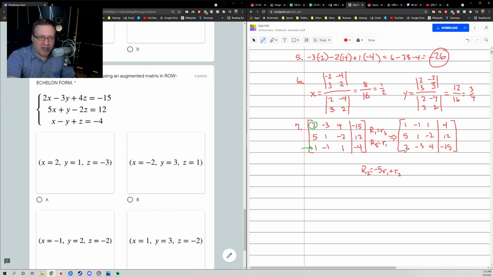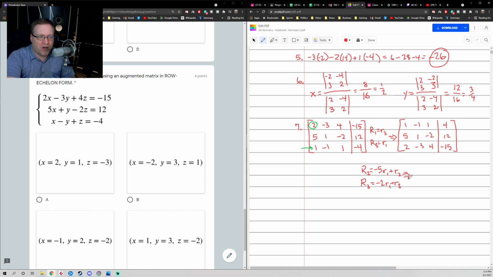But we also want to get a 0 here. And we're going to do that by saying our new row 3 is going to equal negative 2 times row 1, and then add it to row 3. So negative 2 times this, and then add it to that, and we get a 0.